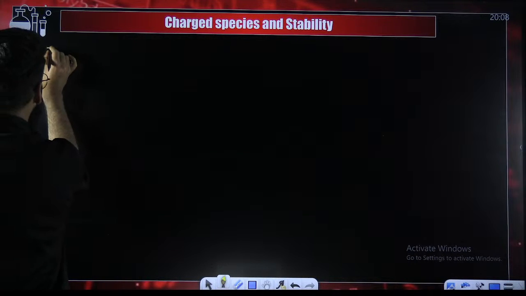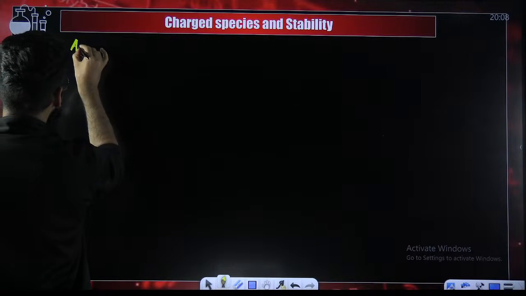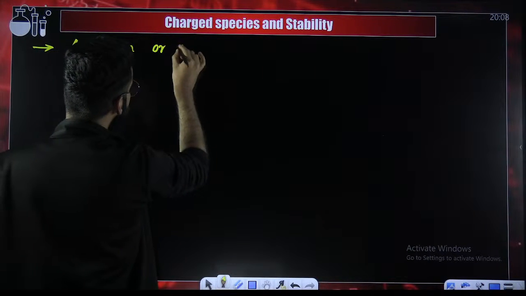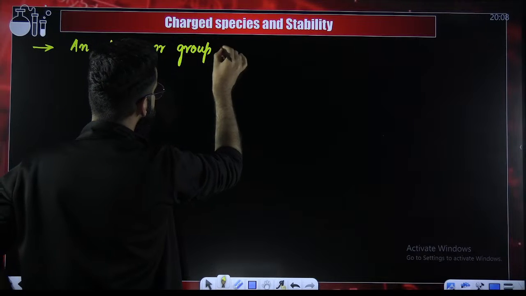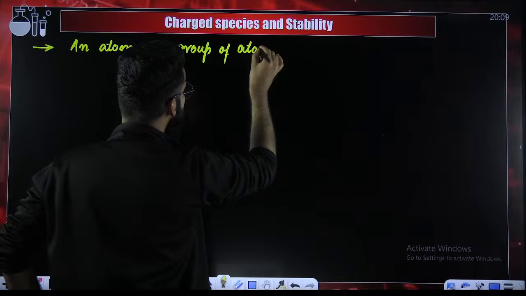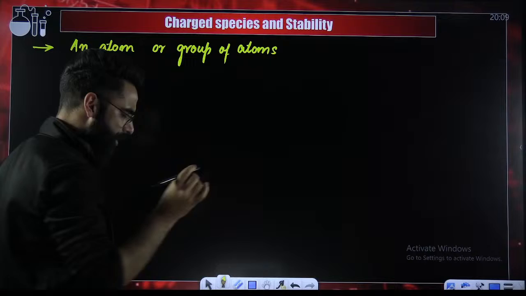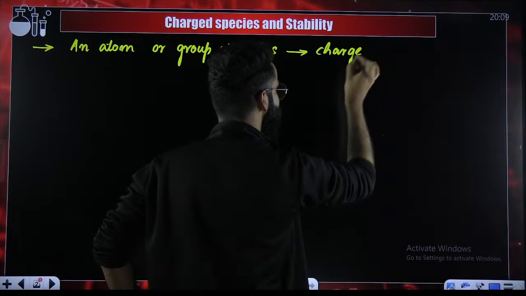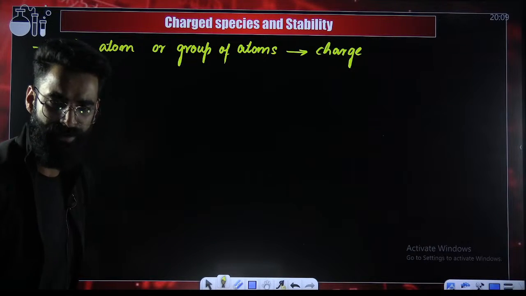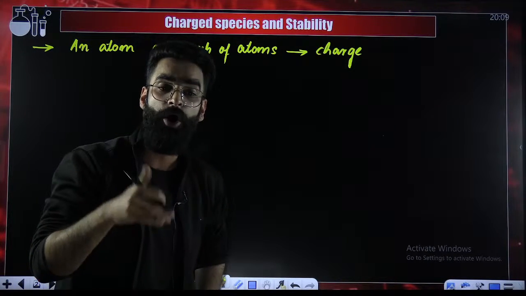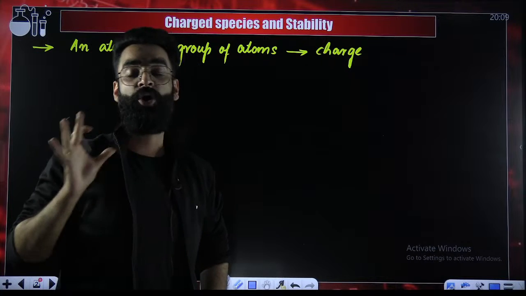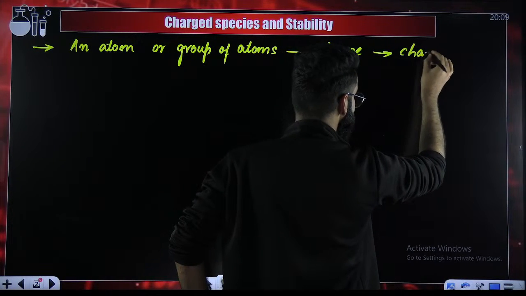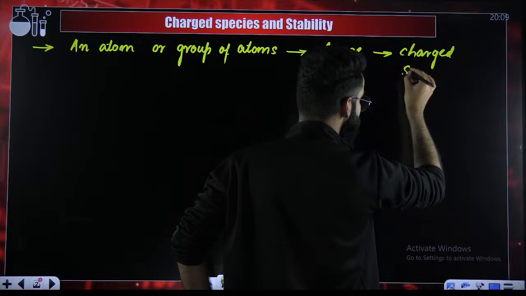My dear students, it's pretty simple. Whenever you see an atom or a group of atoms which have got charge on them, whether that charge is positive or negative does not matter, you call that a charged species.